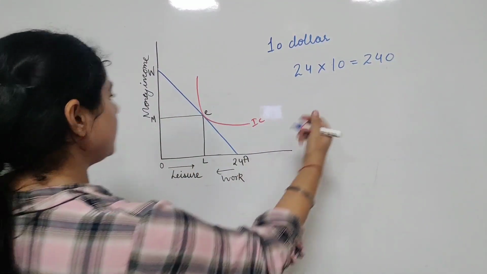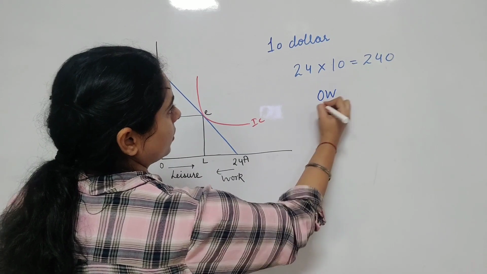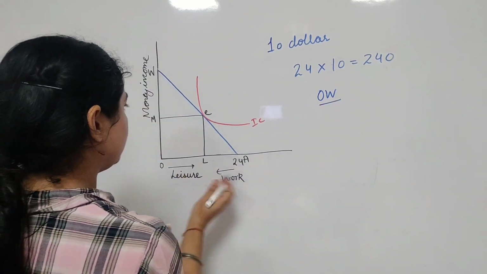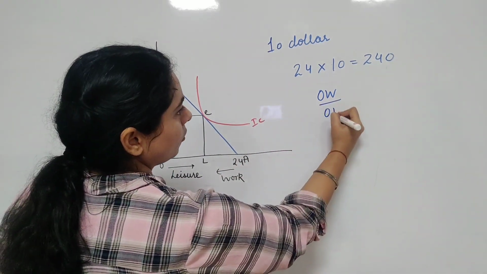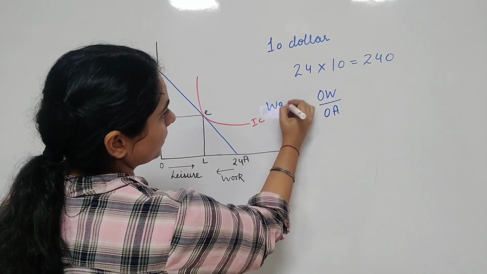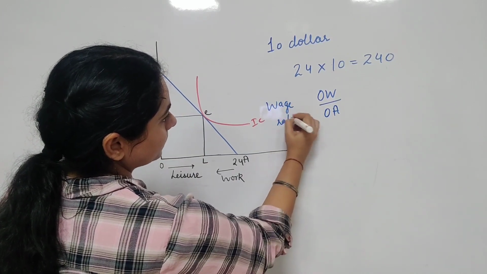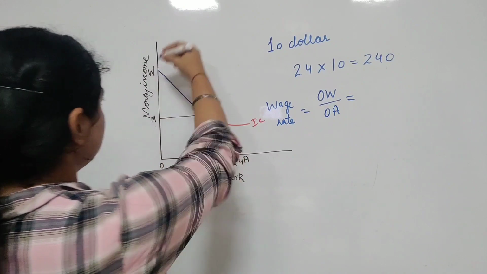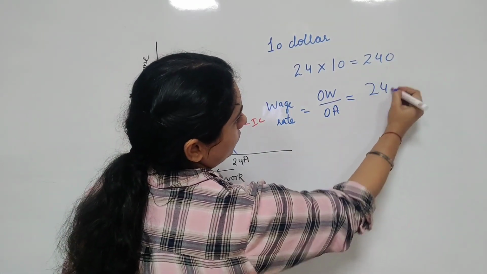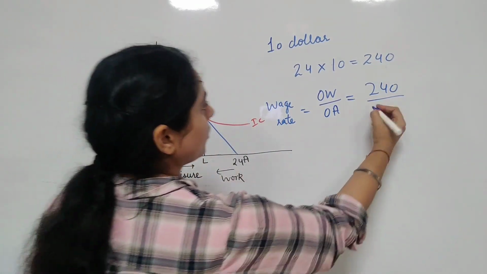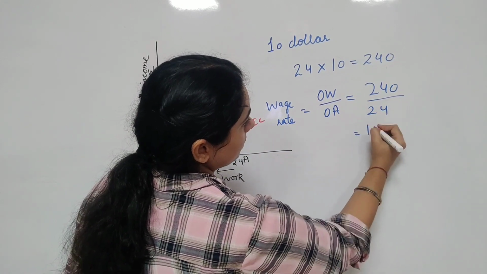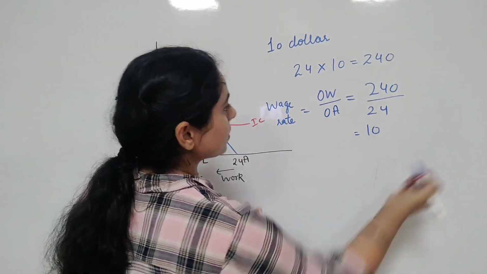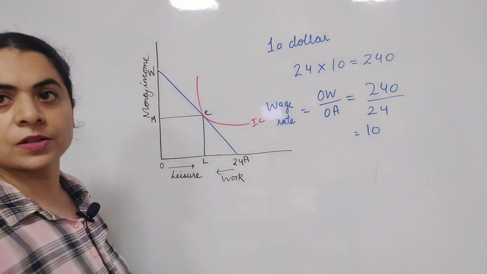Of the wage line, W upon the total number of hours, OA represents the wage rate per hour. This value is 240, total number of hours 24, so $10 per hour is the wage rate.